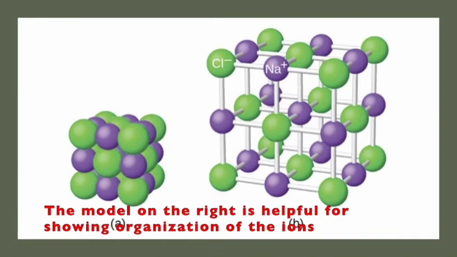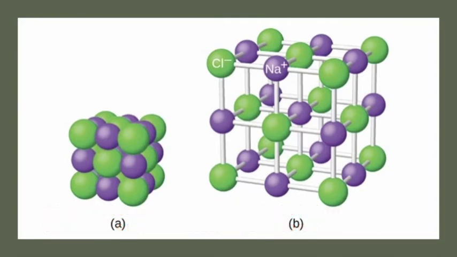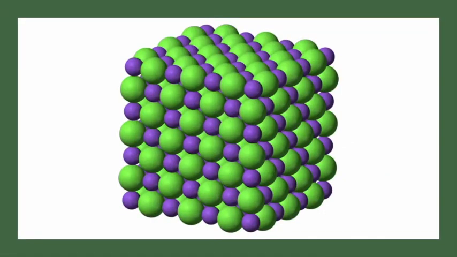The ions are packed together in a way that maximizes attractions and minimizes repulsions, to provide these ions with the most stability. And for the sake of packing, these ions behave a lot like spheres. So when we construct our models, we can think of the ions as spheres just to help us understand what's going on.